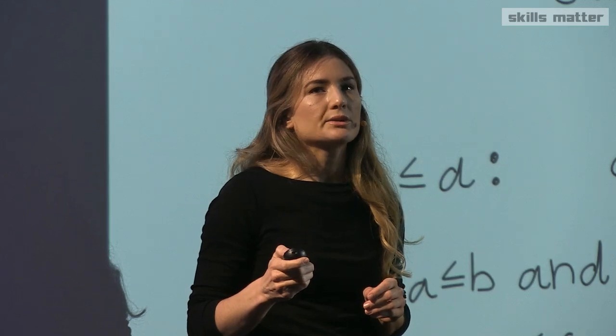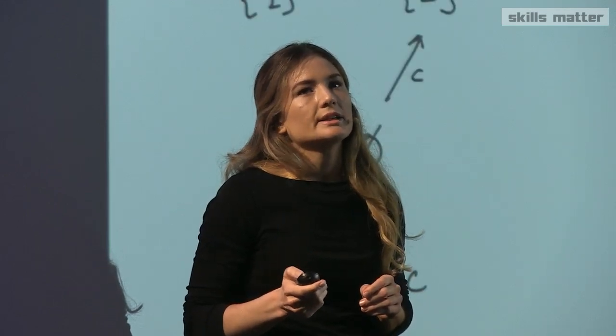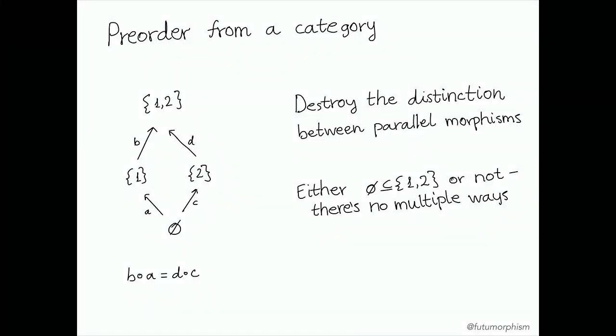And also, you can go the other way. If we have a preorder and we look at the Hasse diagram, this looks like the drawing of a category. But there is one caveat. If there are two parallel paths from A to B, we must declare them to be equal.